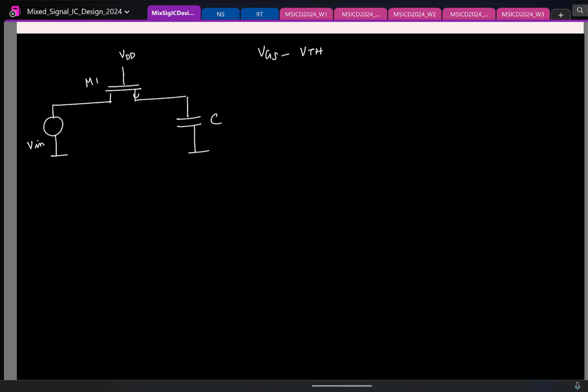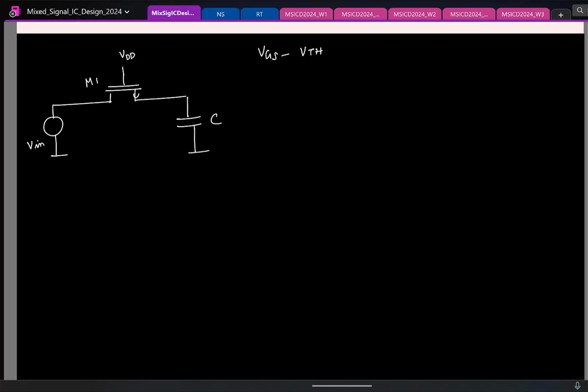Now again, without going into details of how a MOS transistor works, which is not relevant to us, you can say that if the current is proportional to this, the MOSFET will also have some charge, and the charge should be proportional to what? If the current is proportional to VGS minus VTH, charge should be proportional to the same thing, right?